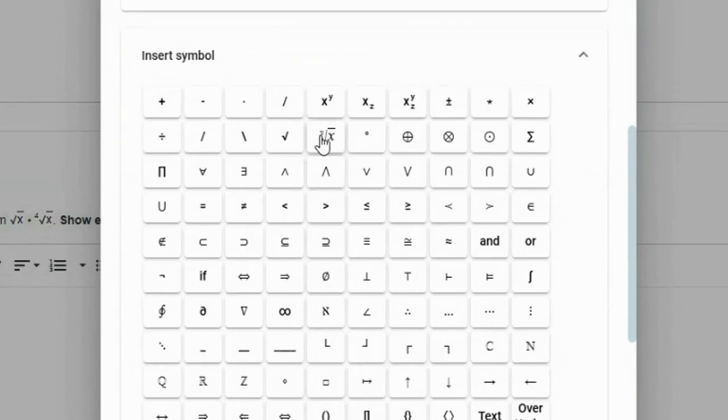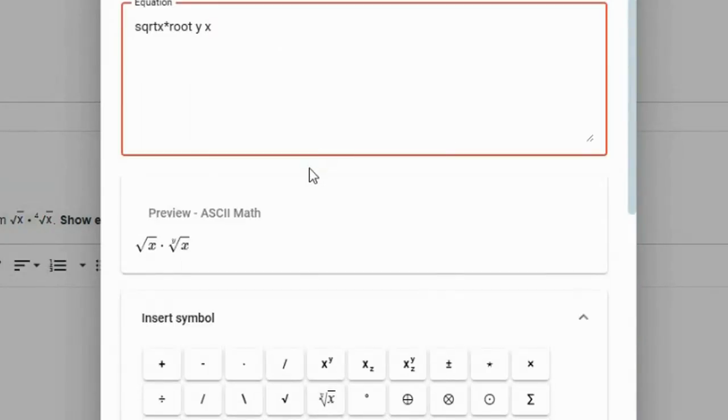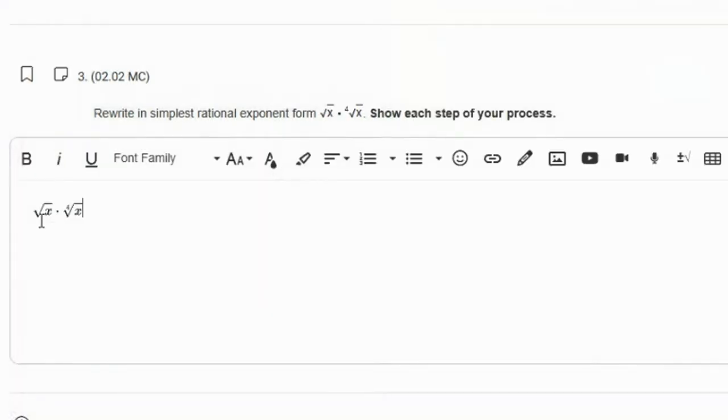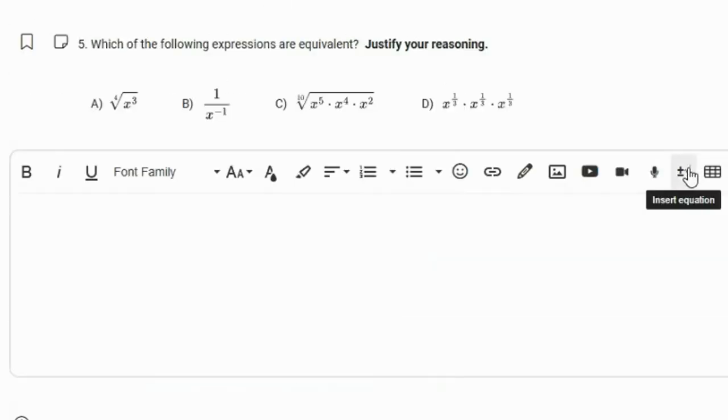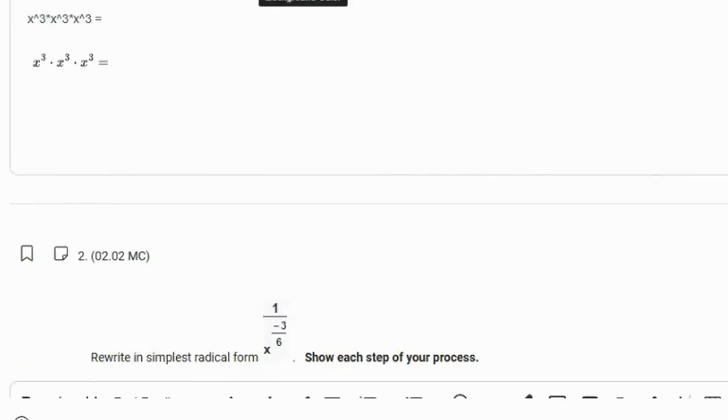So there's a y root of x, where y would be 4, and that's x. So I can type square root of x times fourth root of x by using the insert equation button. So make that your habit. There are 5 problems there that you have to type the answers to for 2.02.